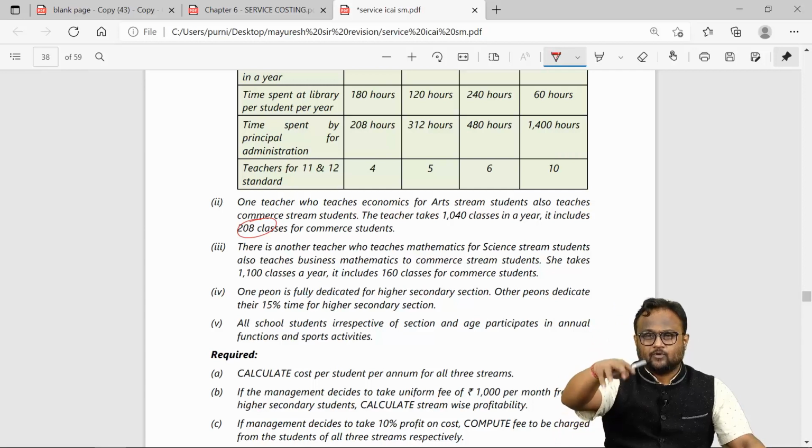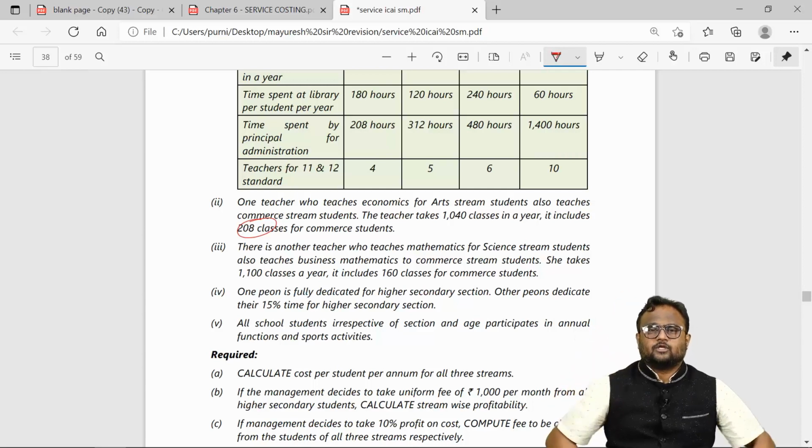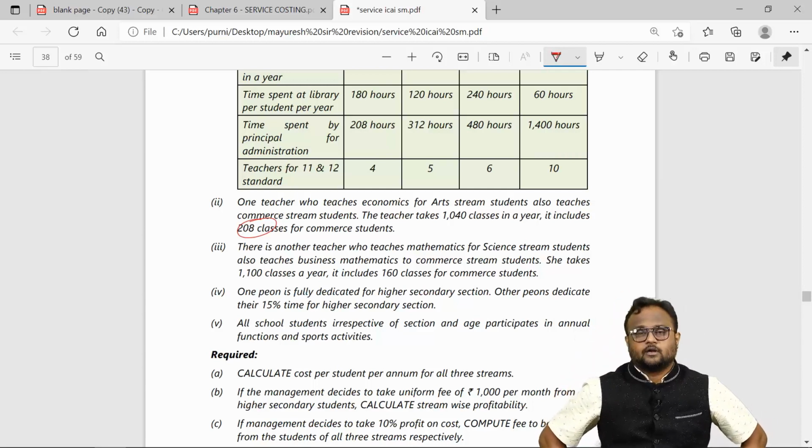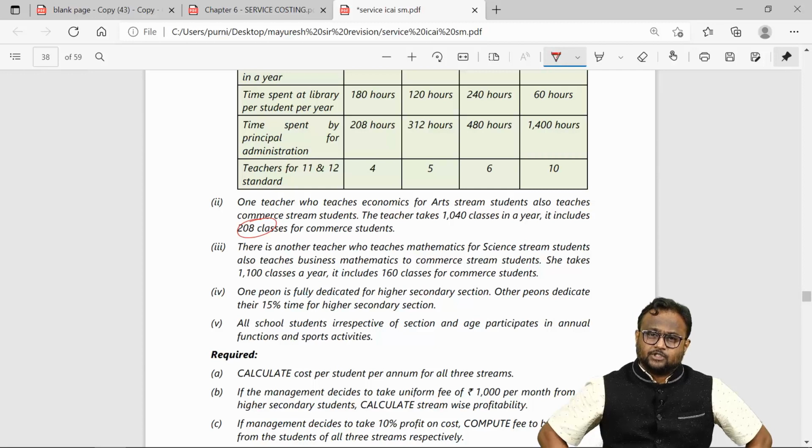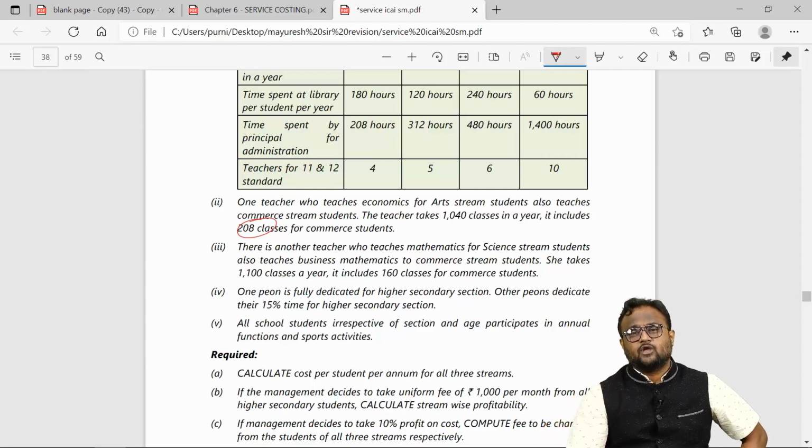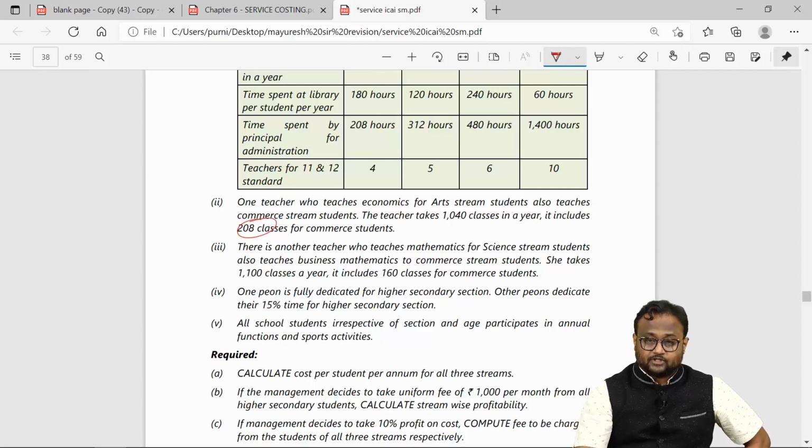Total remuneration of teacher divided by 1040 classes will give you the remuneration per class for a teacher. Multiplied by 208 will give you the amount which is to be subtracted from arts and added to commerce.